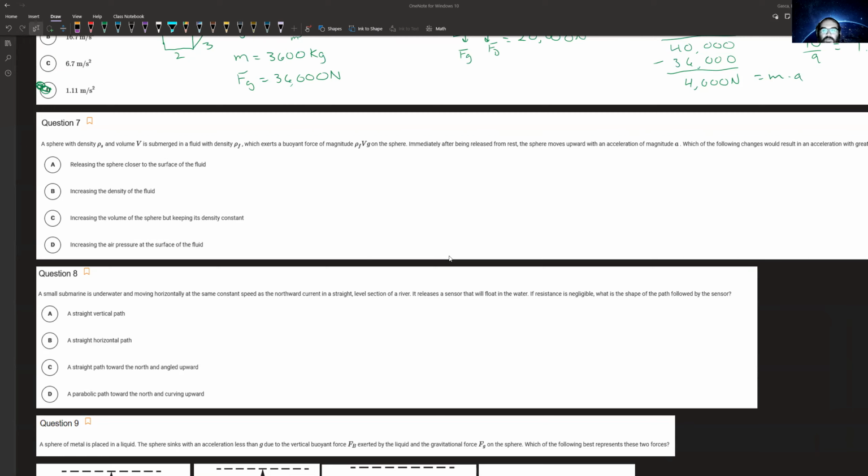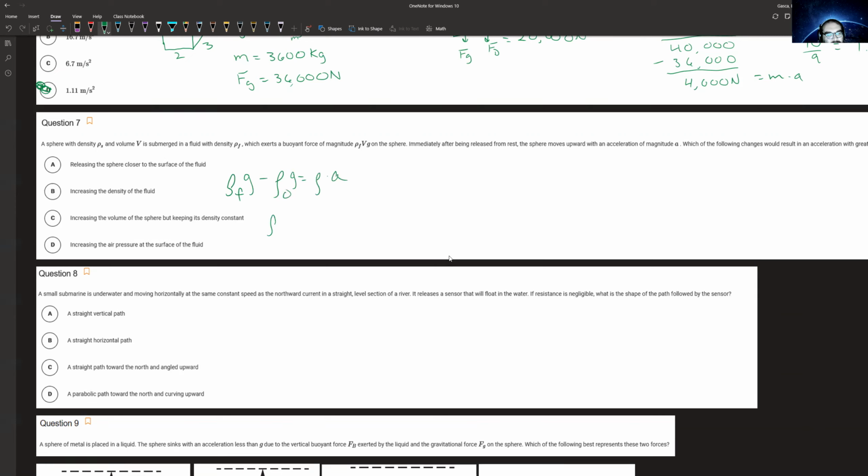Okay. So we want greater acceleration. What we have seen here is basically it's rho of the fluid minus rho of the object equals rho times the acceleration. Oh, and then there's a g here. Sorry. The V's kind of cancel out.